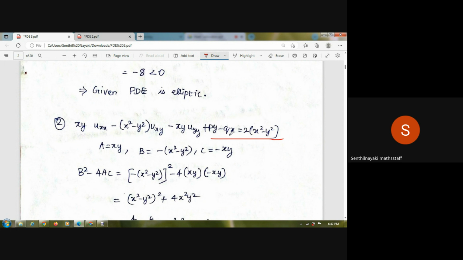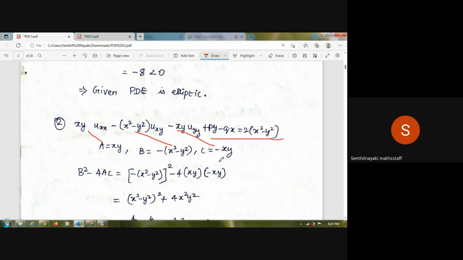So we don't bother about these terms. Already I have said, our aim is to collect the coefficient of uxx, that is a. The coefficient of uxy, that is minus of x square minus y square. The coefficient of uyy, that is c equal to minus xy.